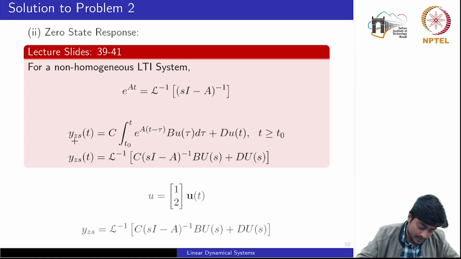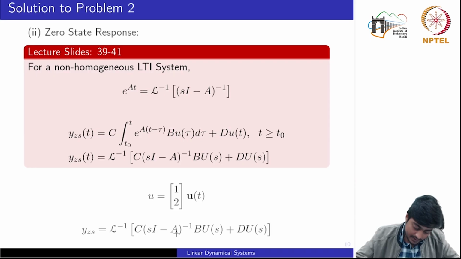Recall that the zero state response is given by this equation, where you need to compute the integral of this exponential matrix, which is a somewhat complicated procedure. As an alternative, you can simplify it by using the Laplace transform. First compute the Laplace transforms and then the inverse Laplace transform to finally obtain the solution in the time domain. This input is already specified to us, 1 and 2 with the unit step signal.